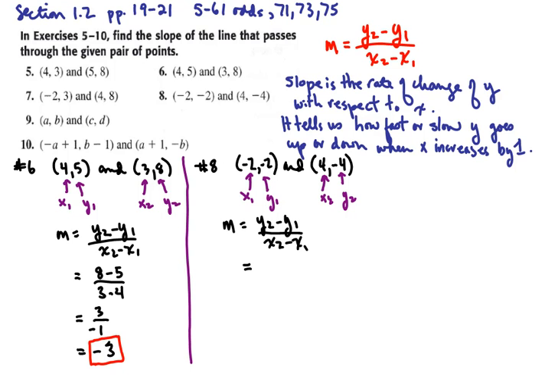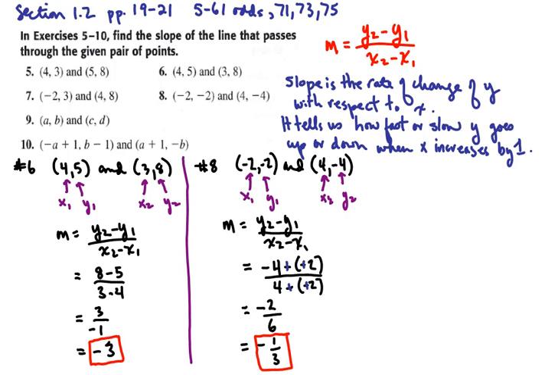y2 is negative 4, then minus y1, which is negative 2. We're going to divide that by x2, which is 4, minus x1, which is negative 2. We simplify, we get negative 4 plus 2, which is negative 2, divided by 4 plus 2, which is 6, and that simplifies to a value of negative 1/3.